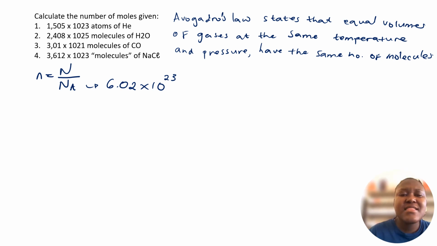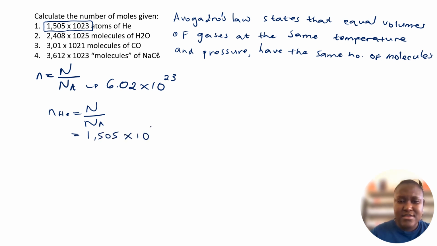It says, calculate the number of moles given 1.505 times 10 to the power 23 atoms of helium. So you have to calculate the number of moles of helium given that the number of atoms of helium is 1.505 times 10 to the power 23, divided by Avogadro's constant, which is 6.02 times 10 to the power 23.